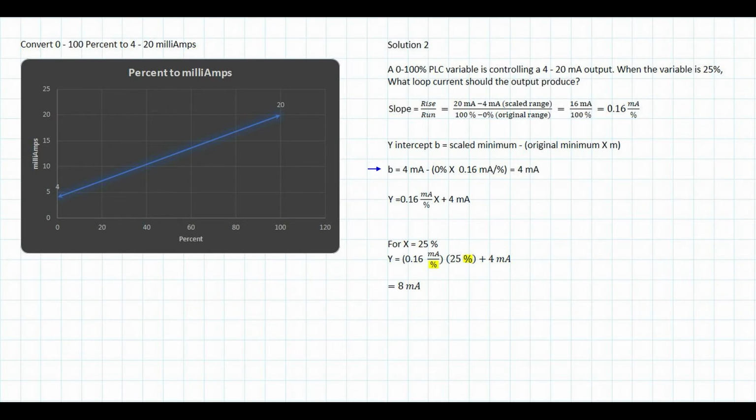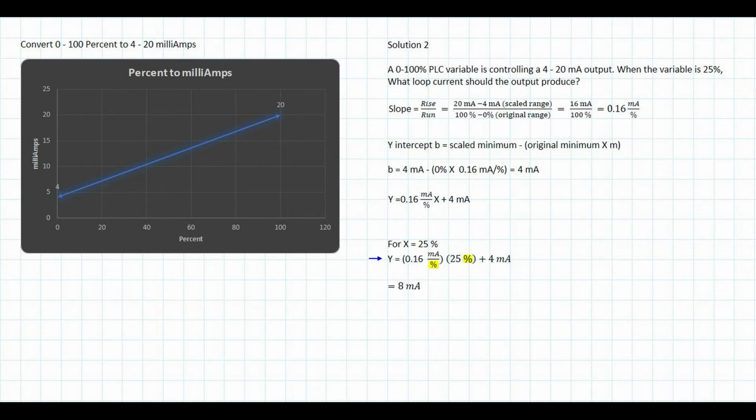The y-intercept receives a 4 milliamp contribution from the scaled minimum. The original minimum is 0 and does not contribute. Our y-intercept is 4 milliamps. The complete equation for our conversion is y equals 0.16 milliamps per percent multiplied by x plus 4 milliamps.